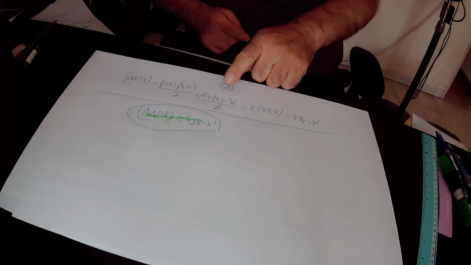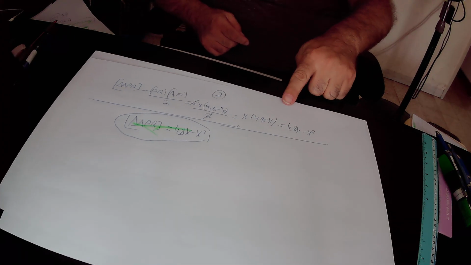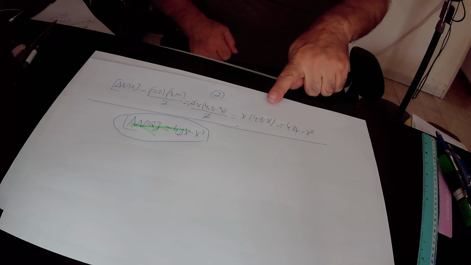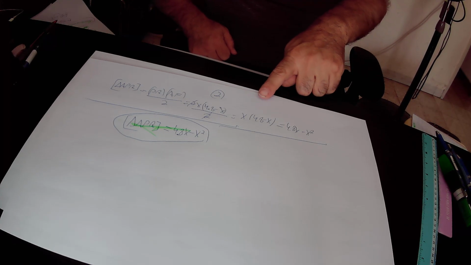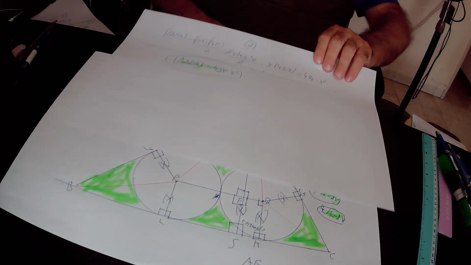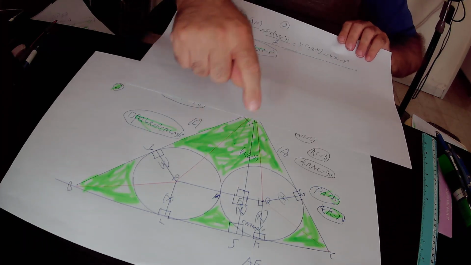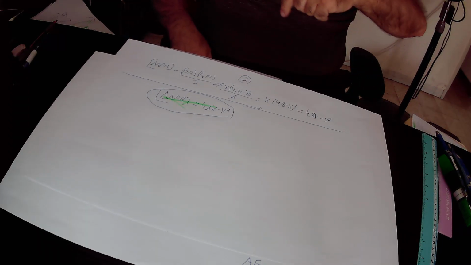We have 2 in the denominator, so the 2 gets cancelled, and we are left with only X times (4.8 minus X). We open the brackets here: X times 4.8 is 4.8X, and X times X equals X squared. So in total, we found out that the area of this small triangle APQ is equal to 4.8X minus X squared.